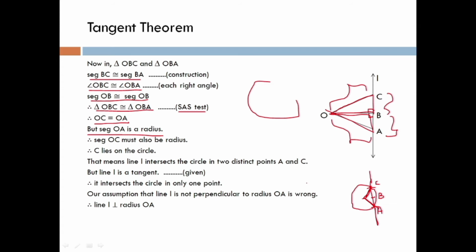It is the given statement. We cannot change that statement, right? But we can change our assumption. That is, line L is perpendicular to radius OA. So this is what we had to prove, and this is how we proved it.